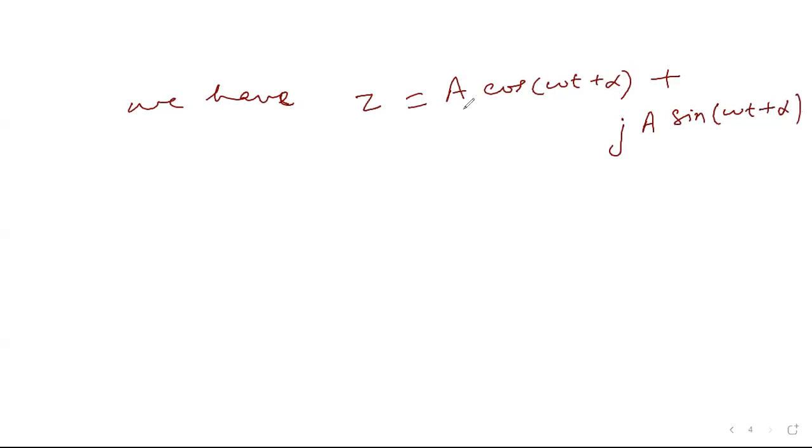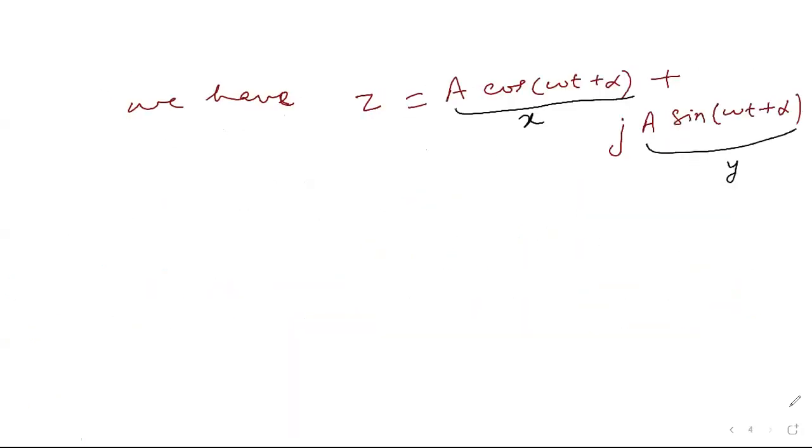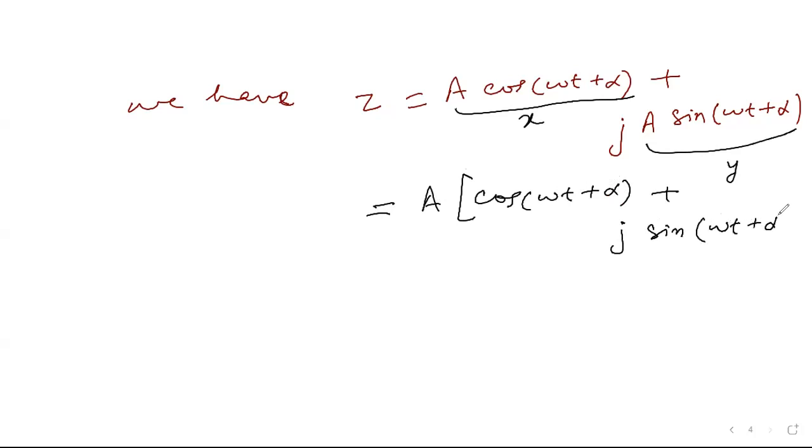You can see this thing is x and this thing is y from first and second. X is a cos omega t plus alpha, y is a sine omega t plus alpha. You can simplify it. I can take a out. A is common to both terms. It will become a times cos omega t plus alpha plus j sine omega t plus alpha.